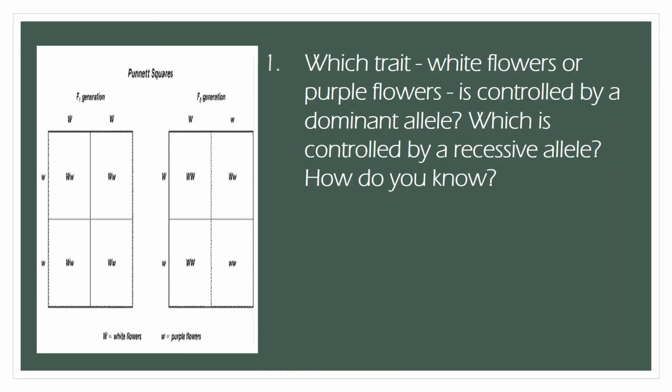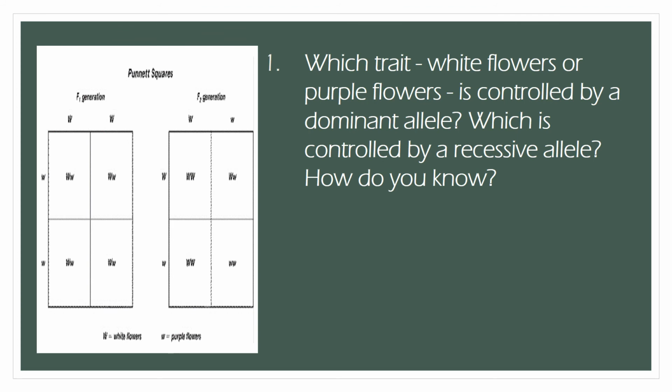For our first question: which trait or characteristic, white flowers or purple flowers, is controlled by a dominant allele, and which is controlled by a recessive allele? As you can see, I posted the diagram here on the side.